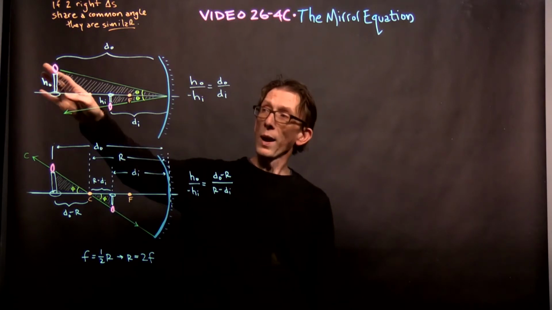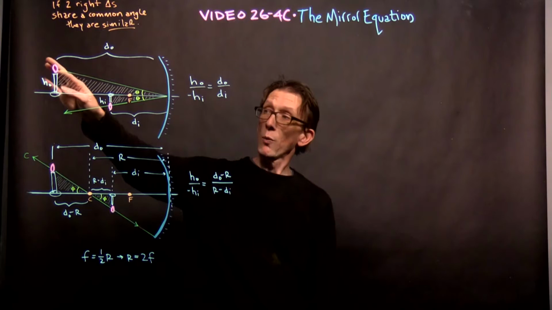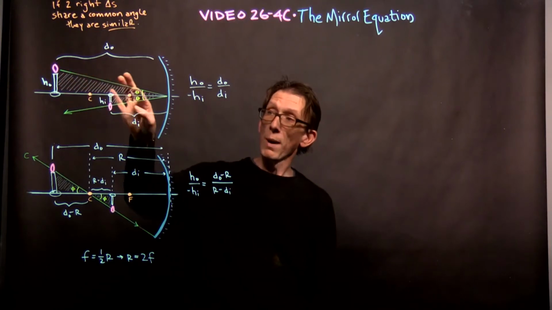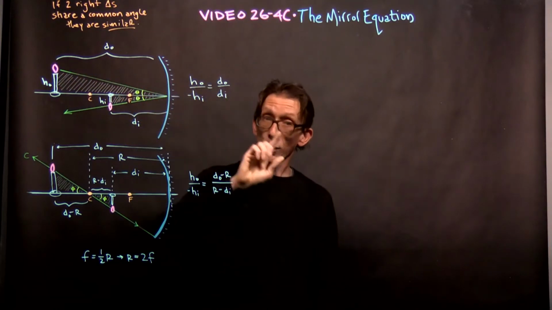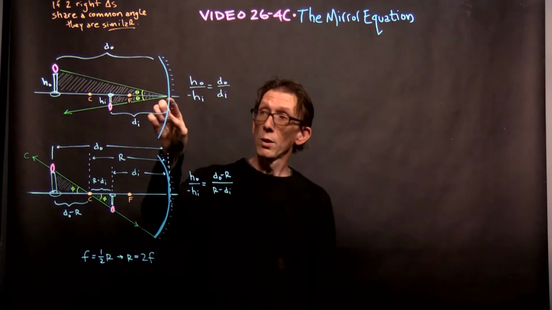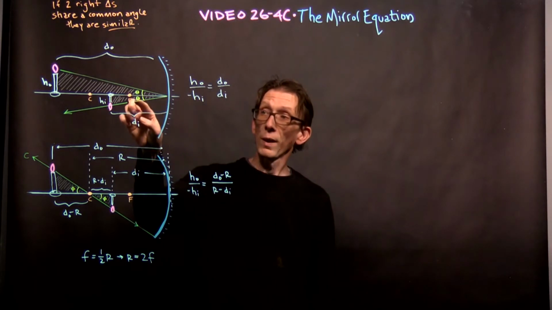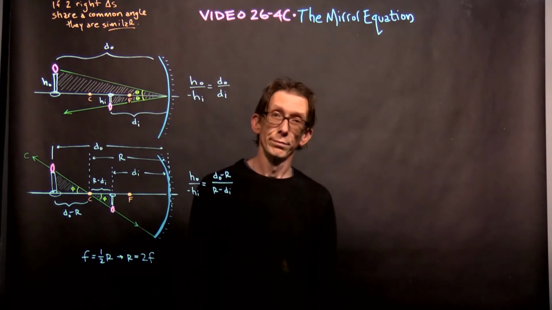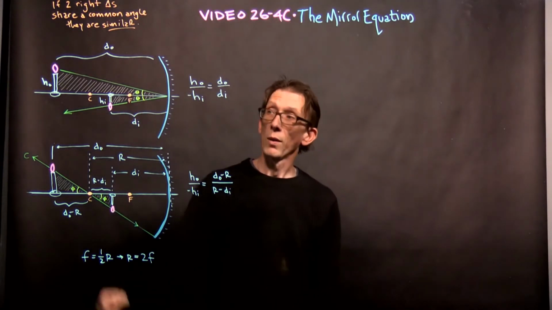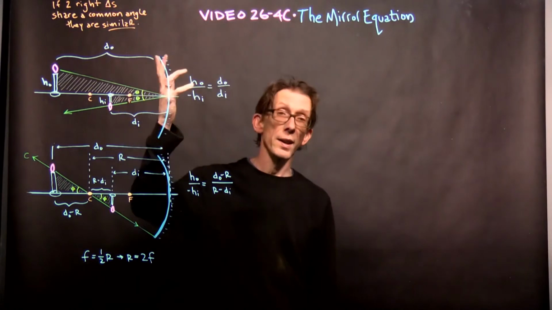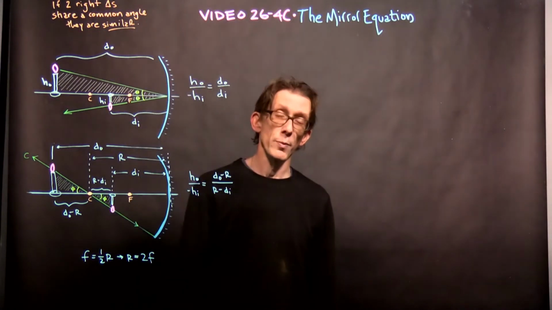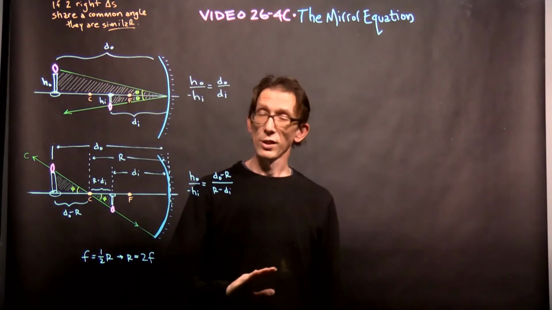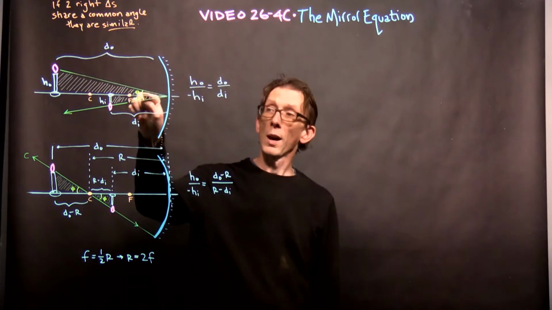Therefore, if we look at this ray, this green ray is going to bounce off the middle of the mirror, and according to the law of reflection, when it reflects, the angle of reflection and the angle of incidence are going to be equal. So those 2 angles are both equal. So if the top theta is 15 degrees, the bottom theta will also be 15 degrees. That's just the law of reflection. There's our normal line right there.